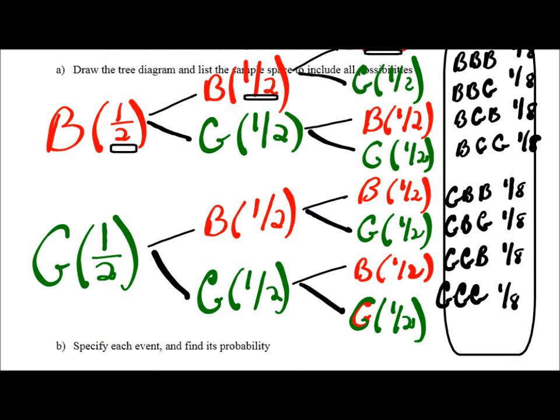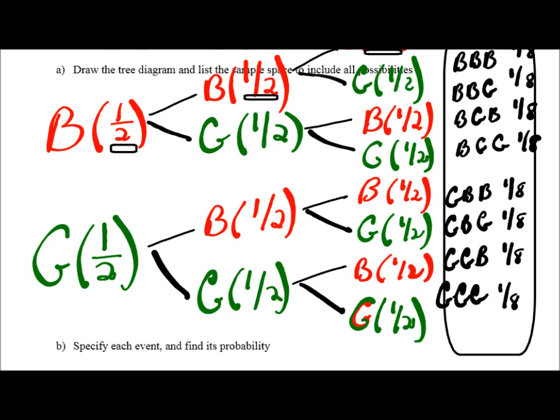Let's pause here. Please take a moment to answer questions 2 and 3, the probability that the family contains at least 1 boy, and the probability that the family contains at least 2 girls. Probability that we contain at least 1 boy.